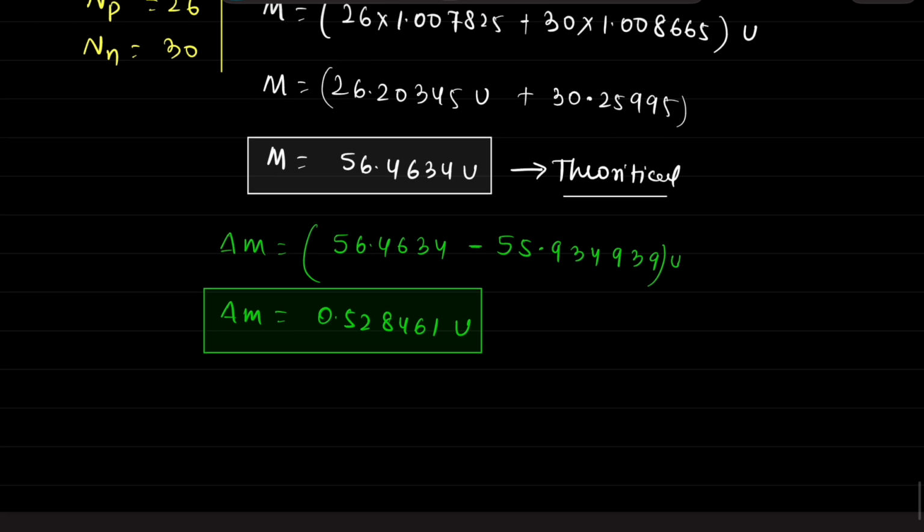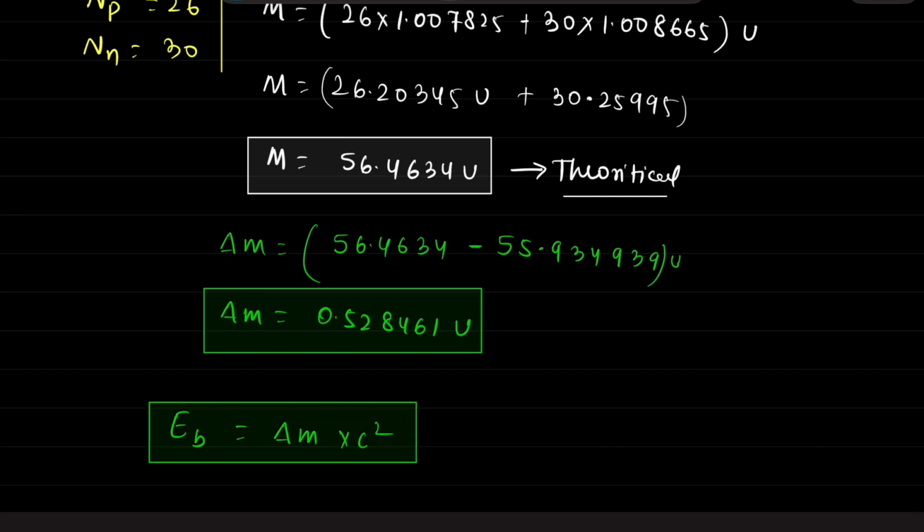Now, to find the binding energy, we use the delta M into C square formula. There is one conversion: 1 U is equal to 931.5 MeV by C square.